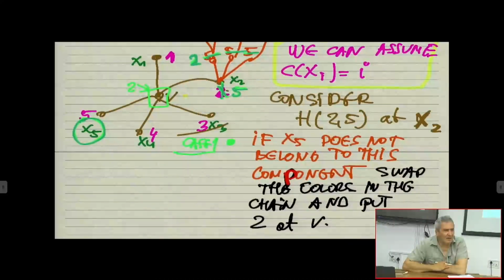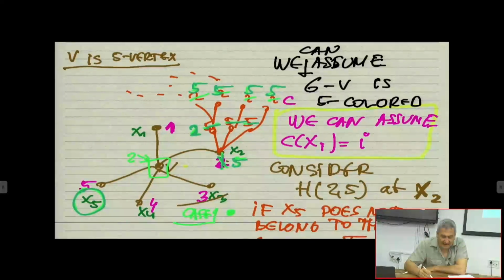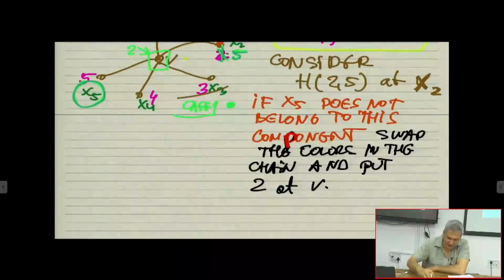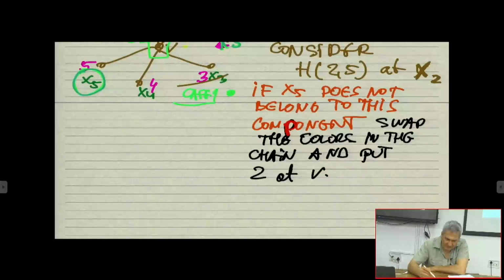So we can assume that the 2,5 Kempe chain which contains X2 also contains X5, yes? So we have a situation like this.